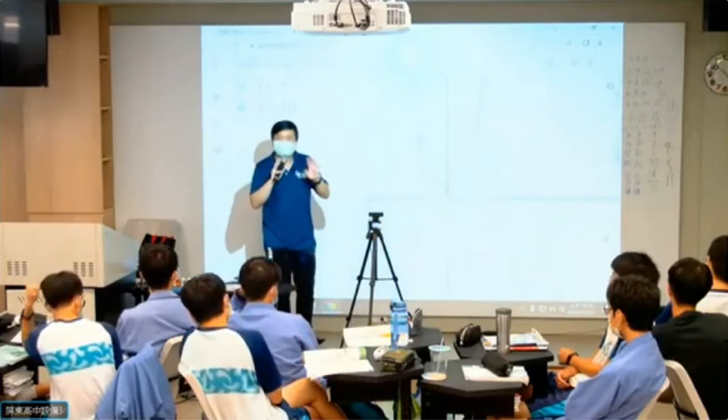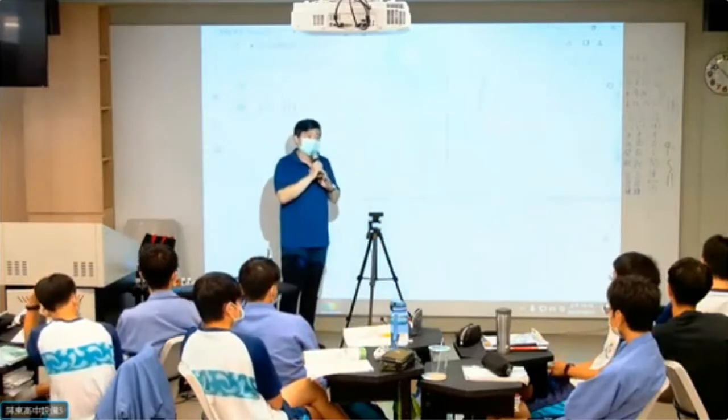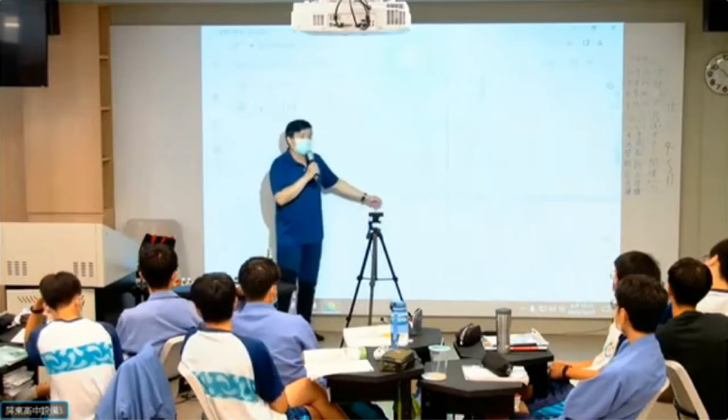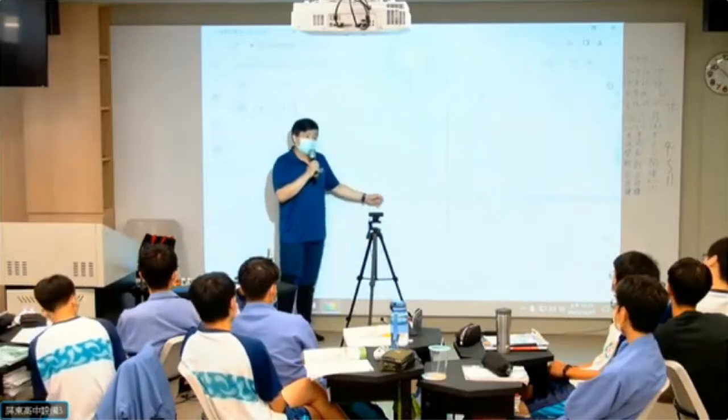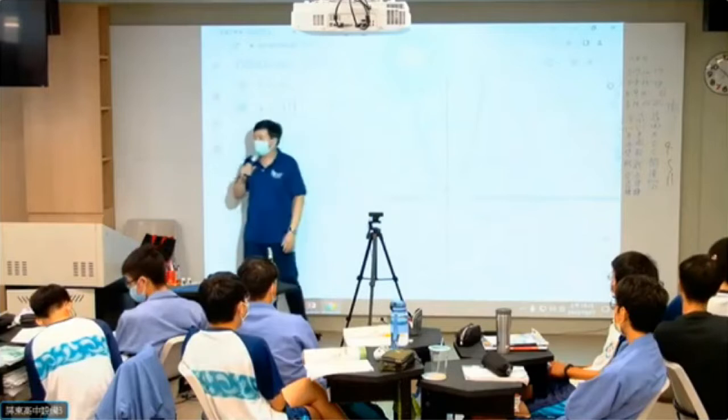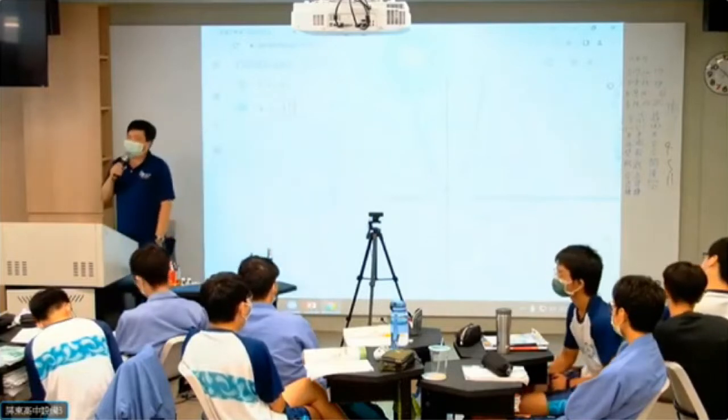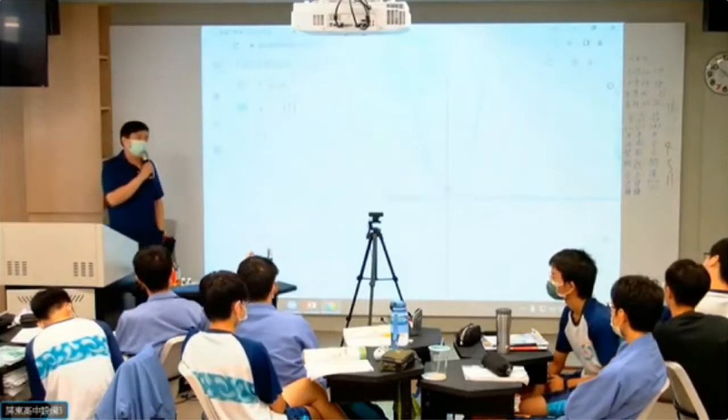There is no point of intersection. The green one is closer. So you can understand they don't have any point of intersection here.